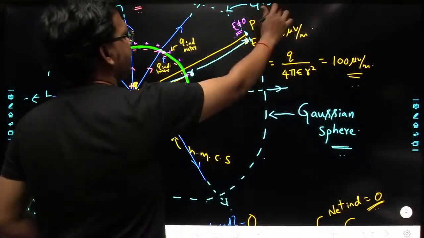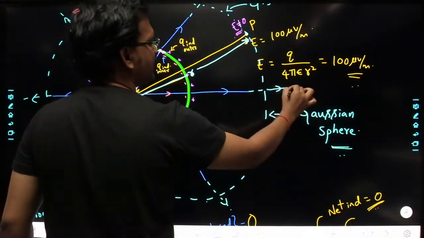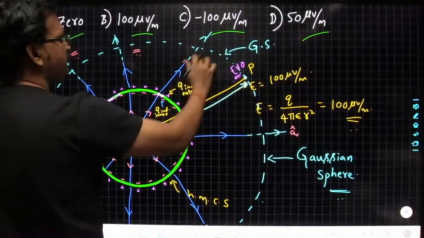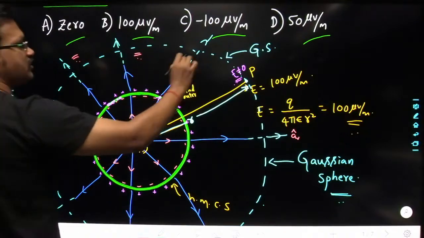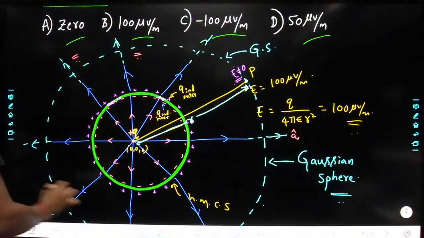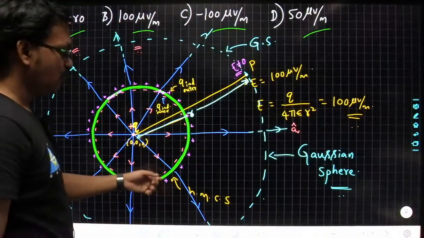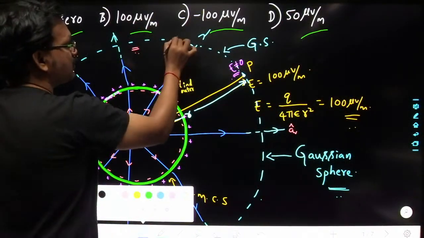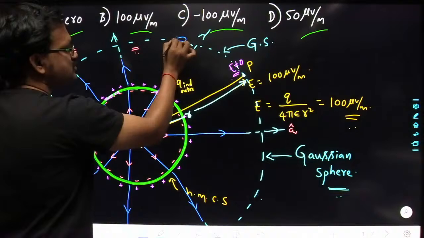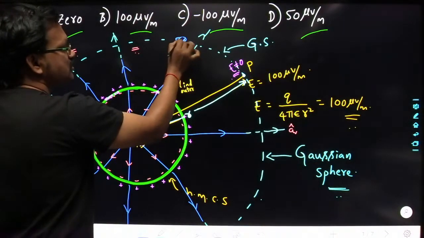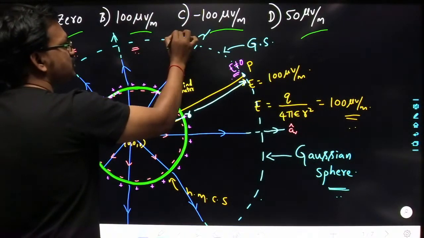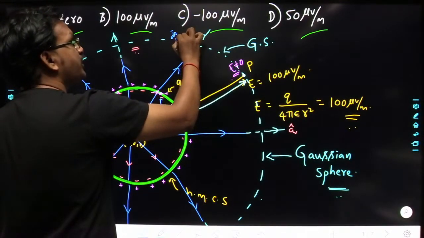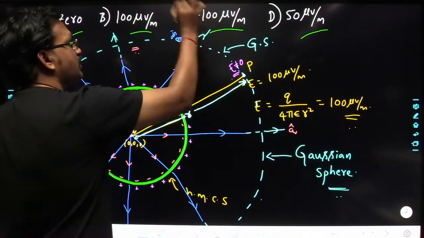Now see here, the electric field is radially outward. The direction of the electric field on the surface of the Gaussian sphere is radially outward. And if you consider a small differential area on the surface of the Gaussian sphere, the direction of the differential area is also going to point in the a_r cap direction.